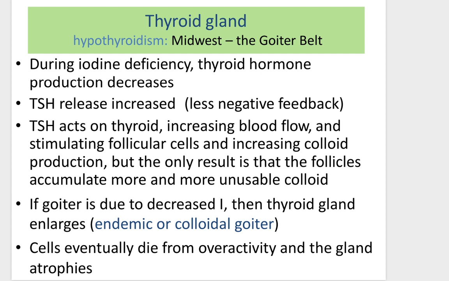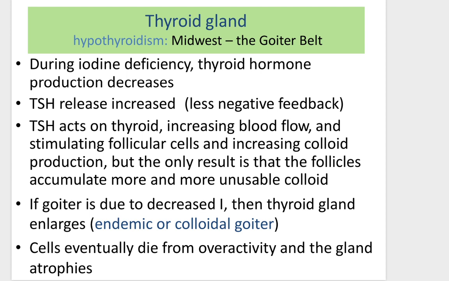In cases of iodine deficiency, TSH release can increase due to less negative feedback. TSH acts on the thyroid, increasing blood flow and stimulating follicular cells and increasing colloid production.